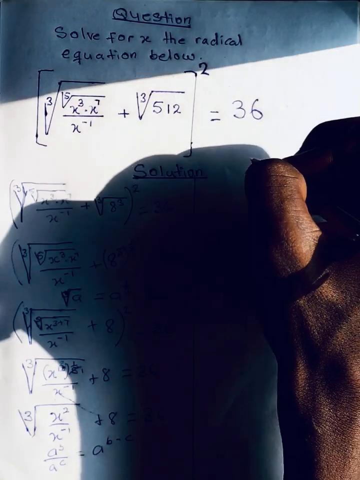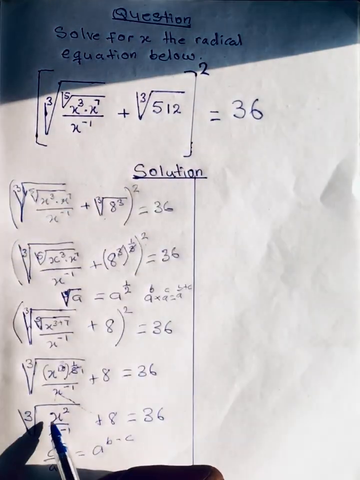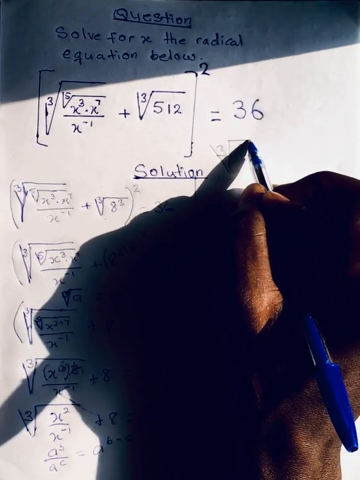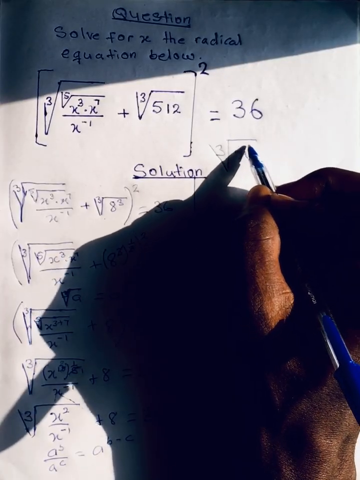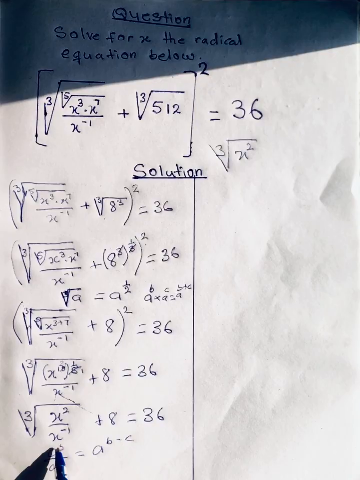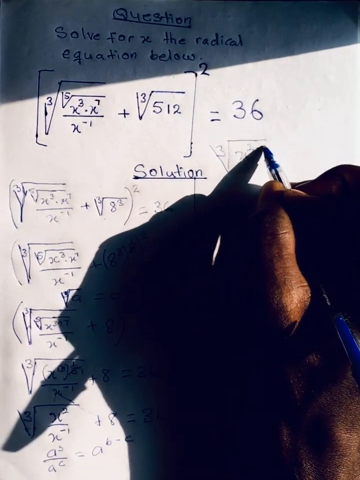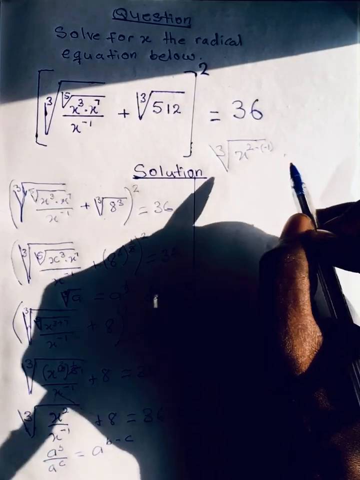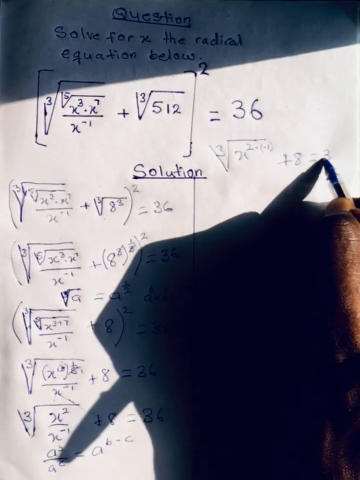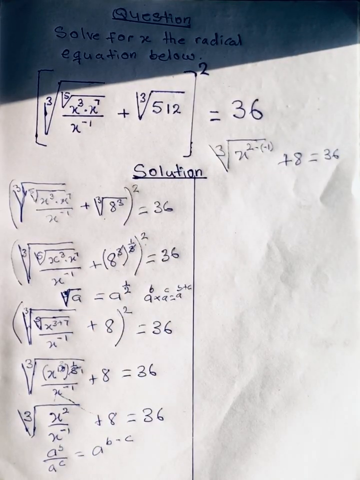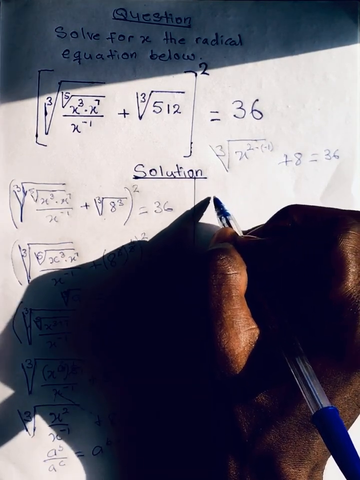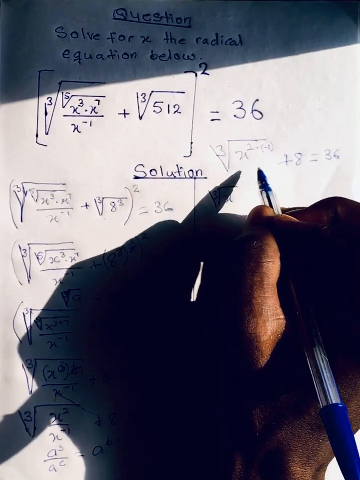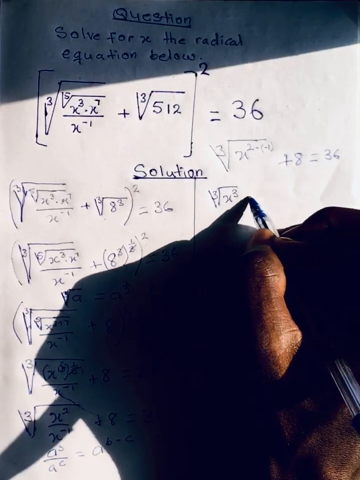It will be the cube root of x to the power of 2 minus -1, plus 8. This will give us 36. Yes, because here it is -1, so it will be the cube root of x, and this will give us positive, so to the power of 3, plus 8.